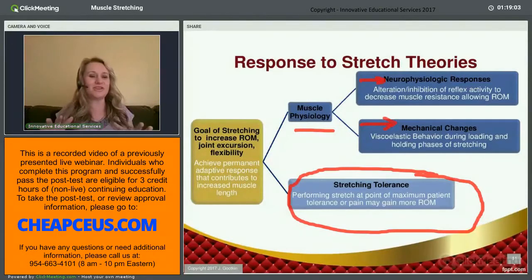That's uncomfortable, or I can't take any more. Is it stopping them before they reach the true end of the elasticity of those structures? And it's something to consider, that some of the studies have actually looked at this to say, is there more left in the elasticity of the structures than the patient can allow?